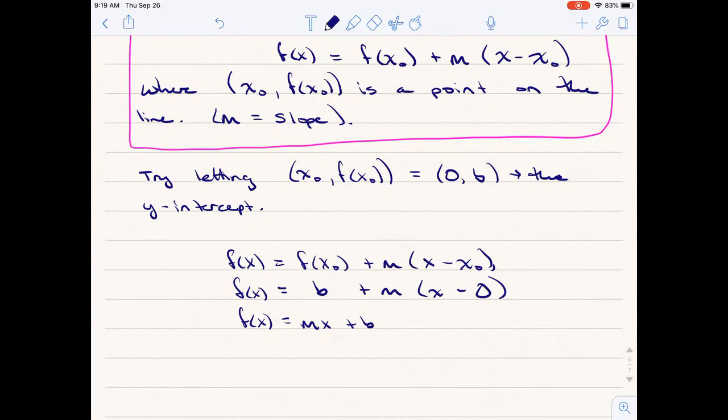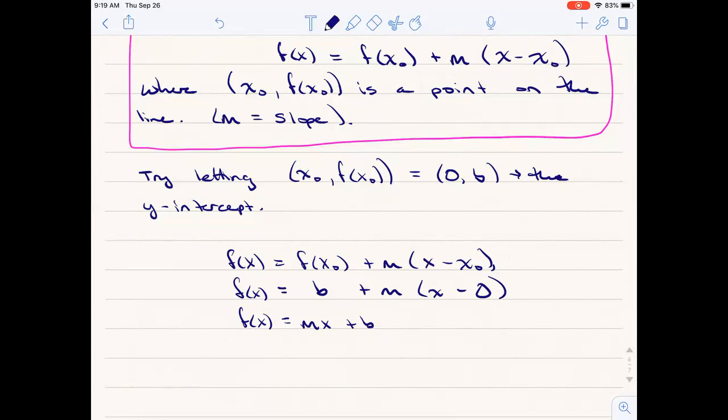So they're equivalent. The first one that we're used to is just specifying that the point I know is the y-intercept, or we can use this more general formula. If you just know a point on the line and the slope, then you can find the equation of the line.